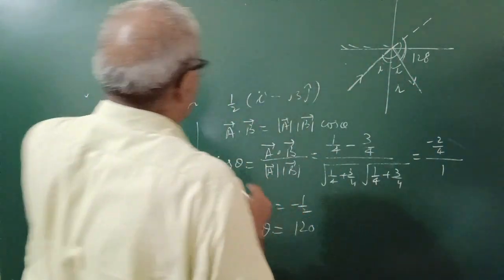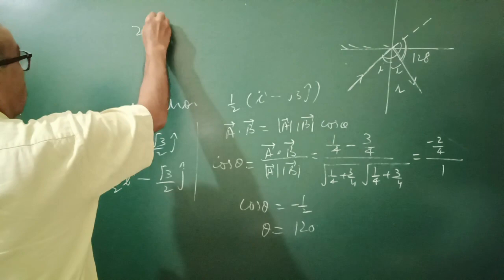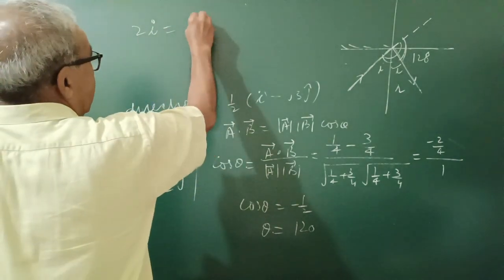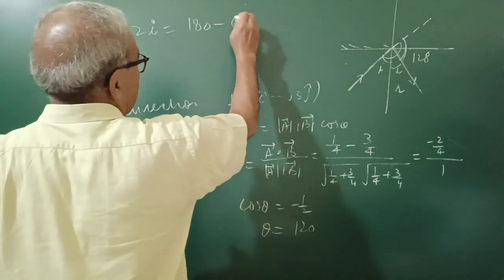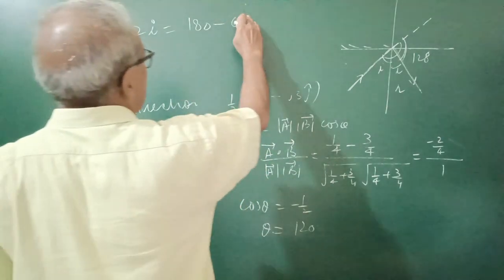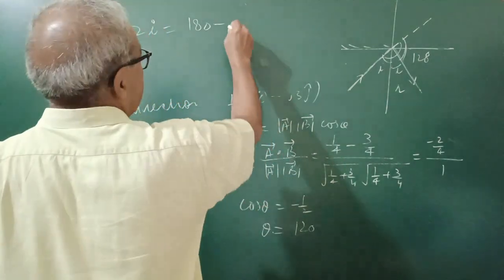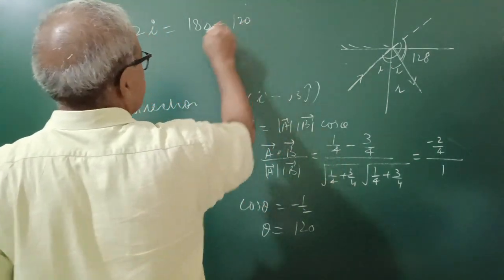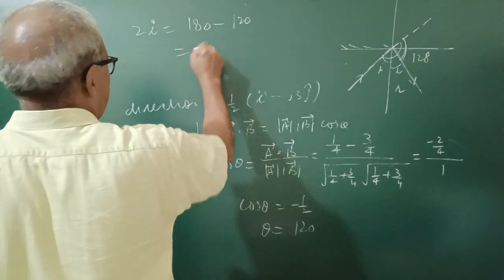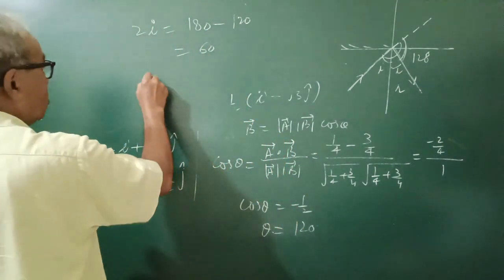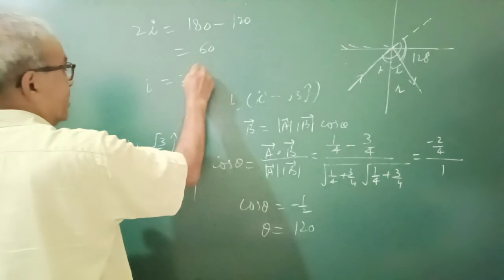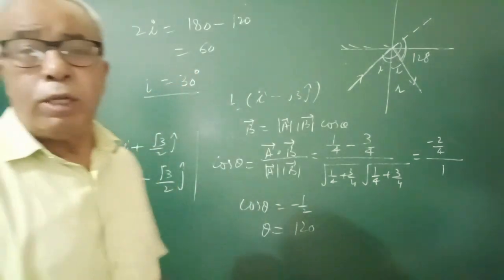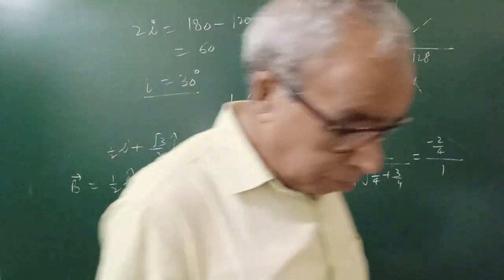So 2i is equal to 180 minus 120, which is 60 degrees. Actually i equals r because we know from the law of reflection that angle of incidence equals angle of reflection. So i is equal to 30 degrees. So here the angle of incidence is 30 degrees.